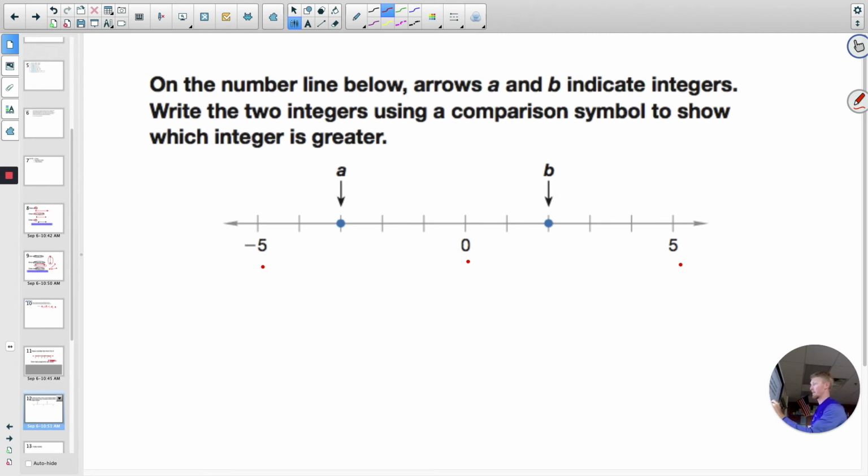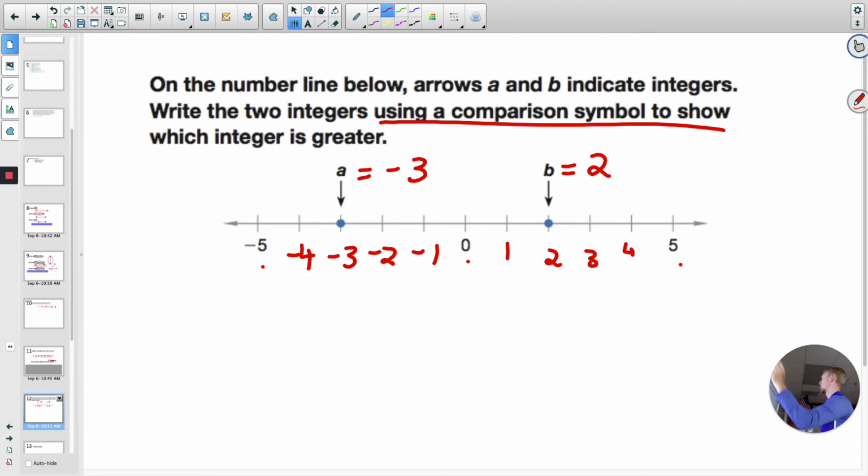Let's say this is 1, 2, 3, 4, and that works because now I'm at 5. So I know that B is 2 and I know that A, -1, -2, -3. I know that A is -3. And then it says using a comparison symbol to show which integer is greater. So we would have -3 over here is less than 2.